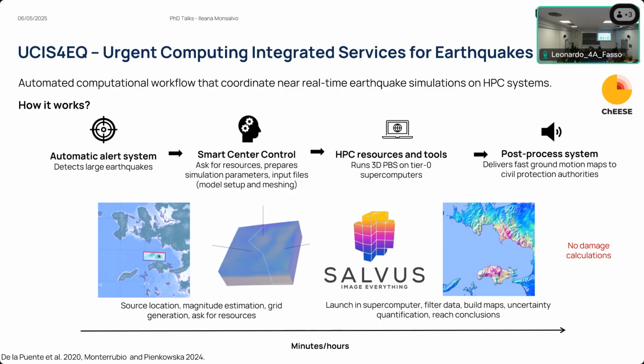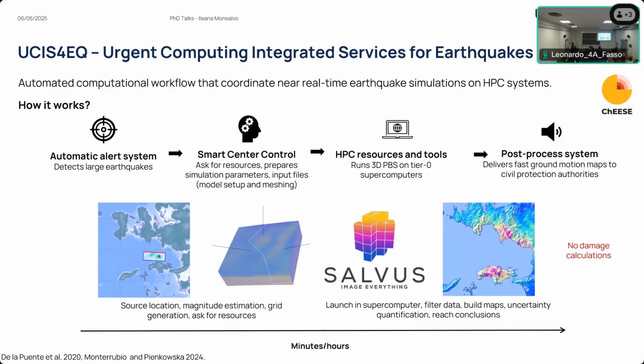So this type of systems work by first automatically detecting large earthquakes, because these systems are connected to different seismic networks from different parts of the world in order to detect these earthquakes, and then characterize the main parameters of, for example, the source and of the area, the properties of the earth that was affected.